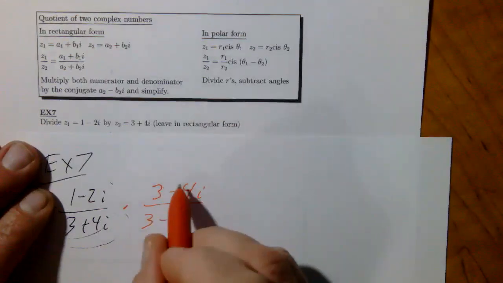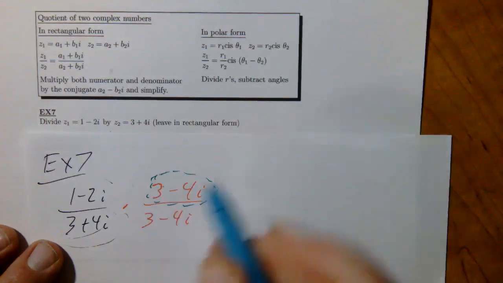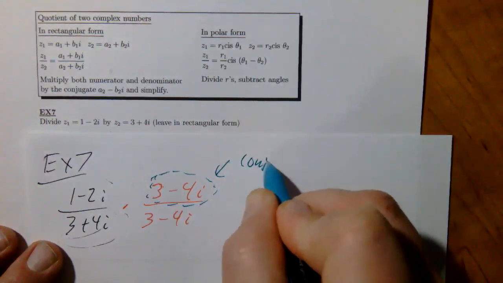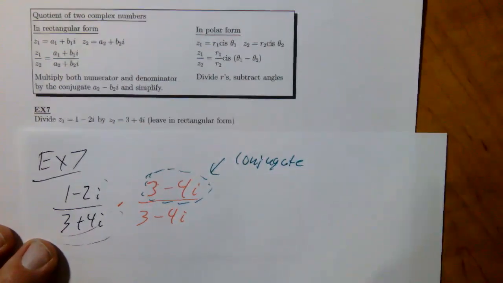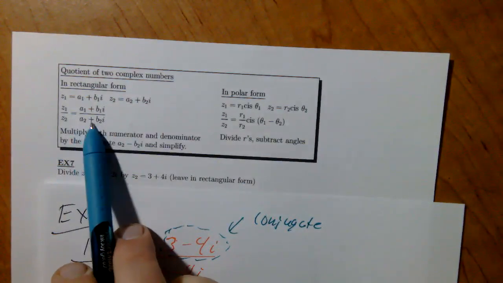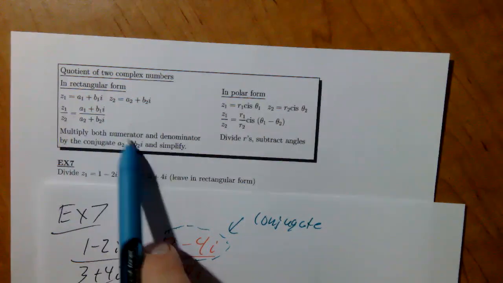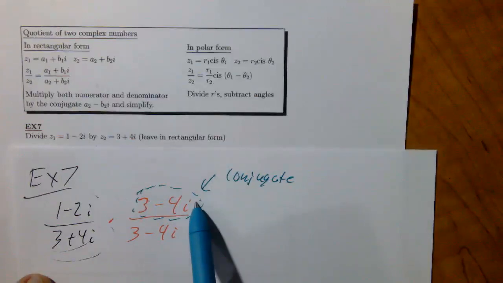So if you're talking about an a plus bi, the conjugate is the same real part but the opposite imaginary part, right? So this is the actual conjugate.